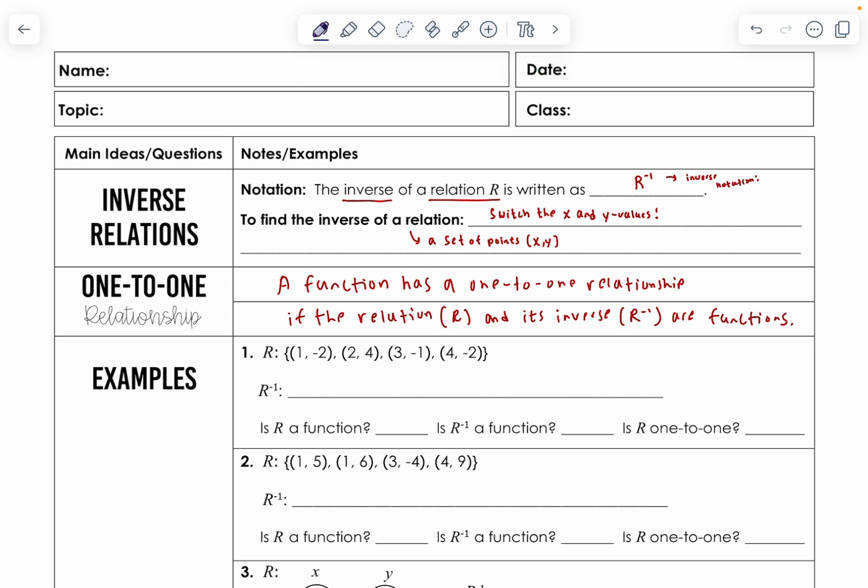So we'll look at that in just a moment. Knowing whether or not a function is one-to-one is also a skill they want you to learn in this class.